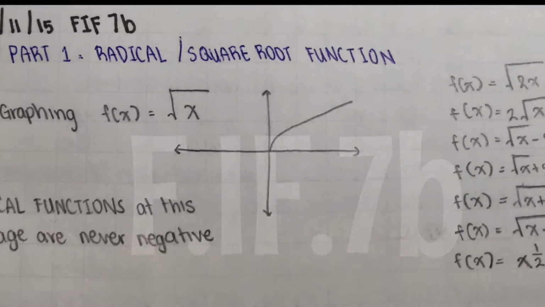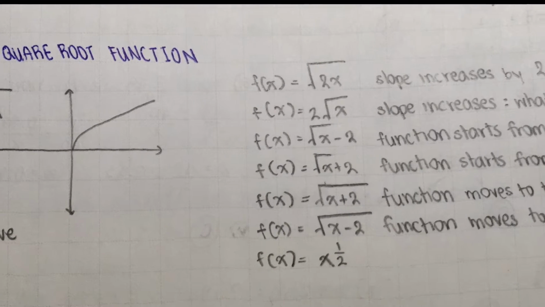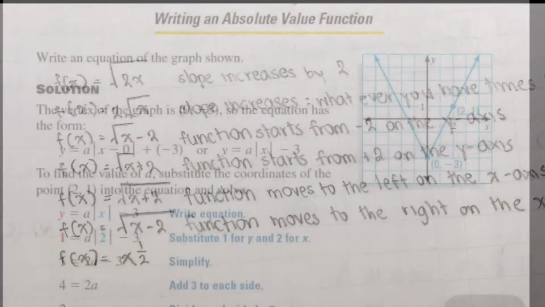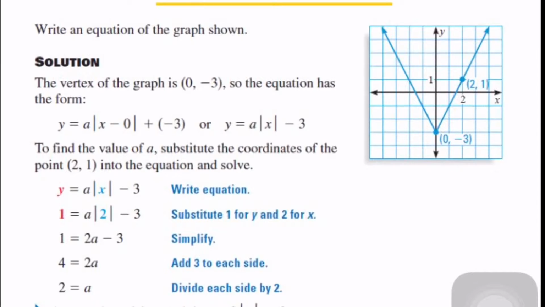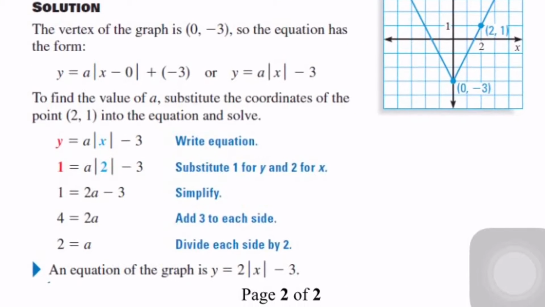In FIF7, it is still about functions, but in 7b, we graph square root functions by hand, and each square root equation determines a different slope, which determines the different shape of a graph.